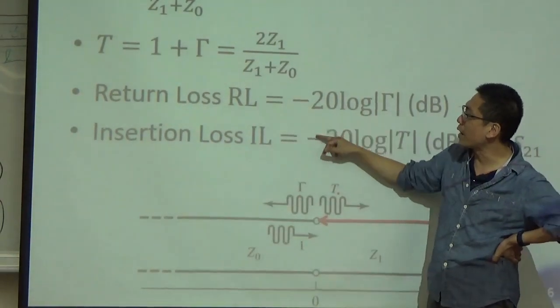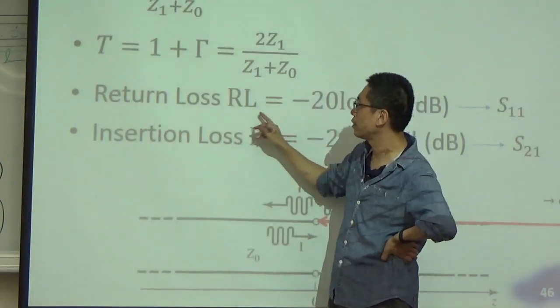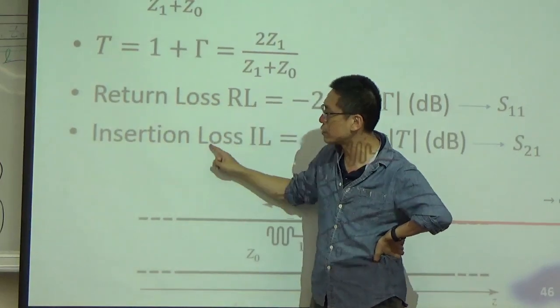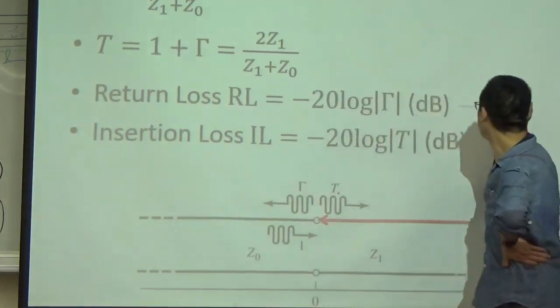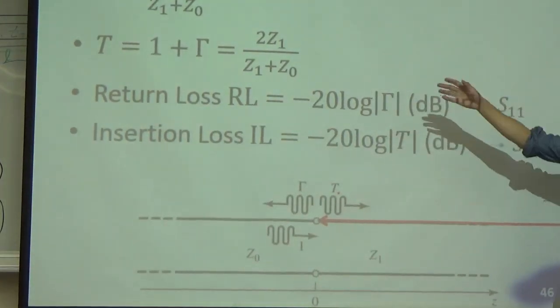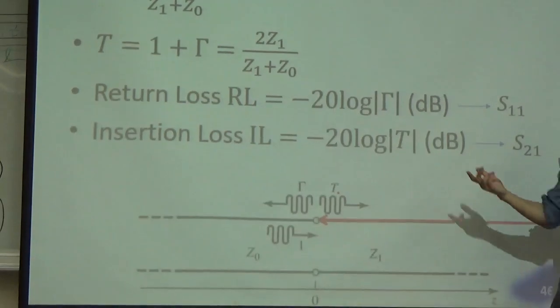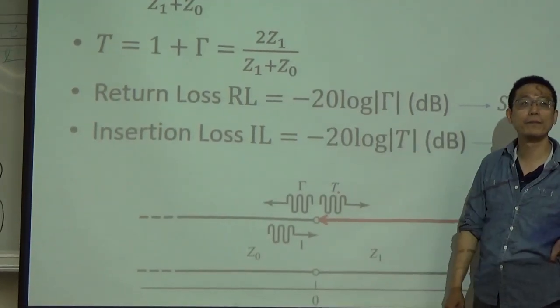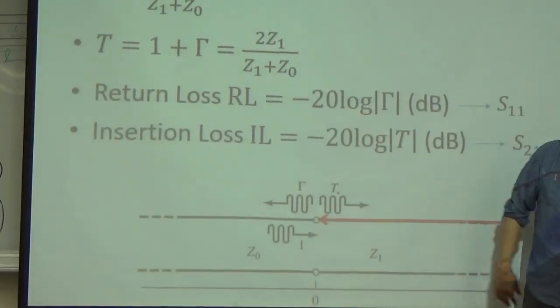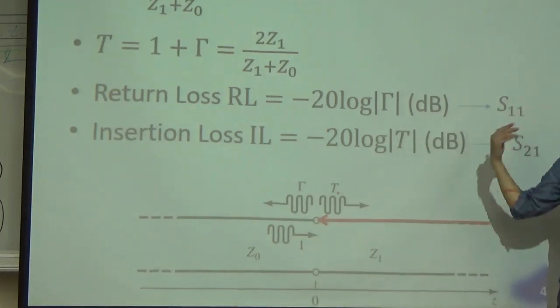You get a minus sign here because you are talking about the loss. So the number of the loss is supposed to be a positive number because you already said this is loss, right? Okay, so Pozar mentioned that.